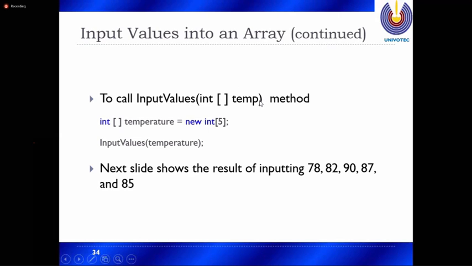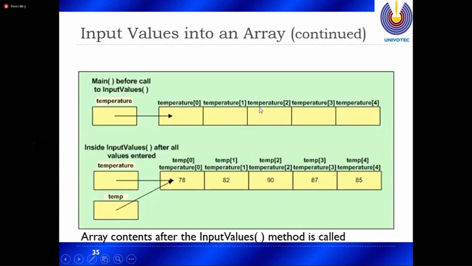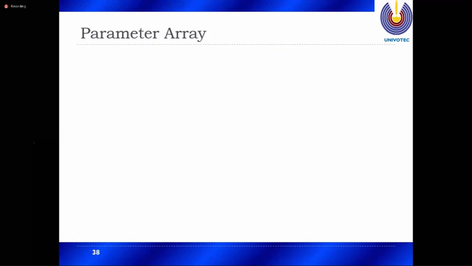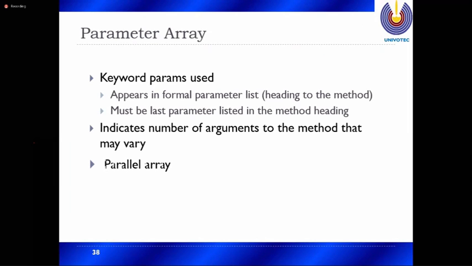We call this inside the argument list. We call this a parameter. It indicates the number of arguments to the method that may vary. Sometimes it's a parallel array: two or more arrays that have a relationship.